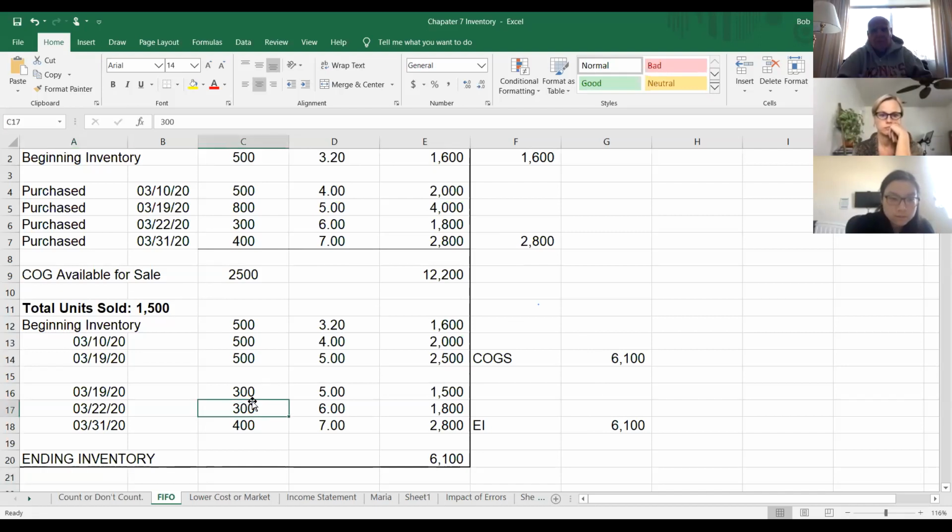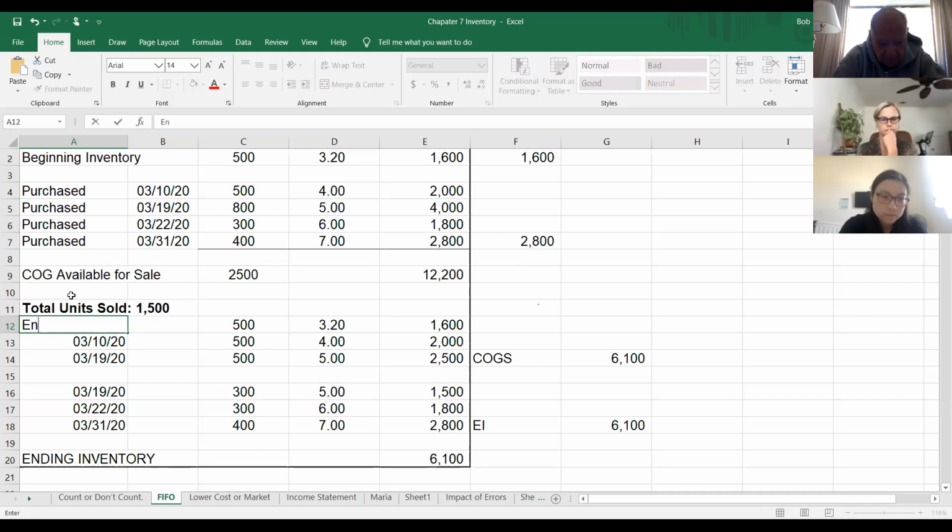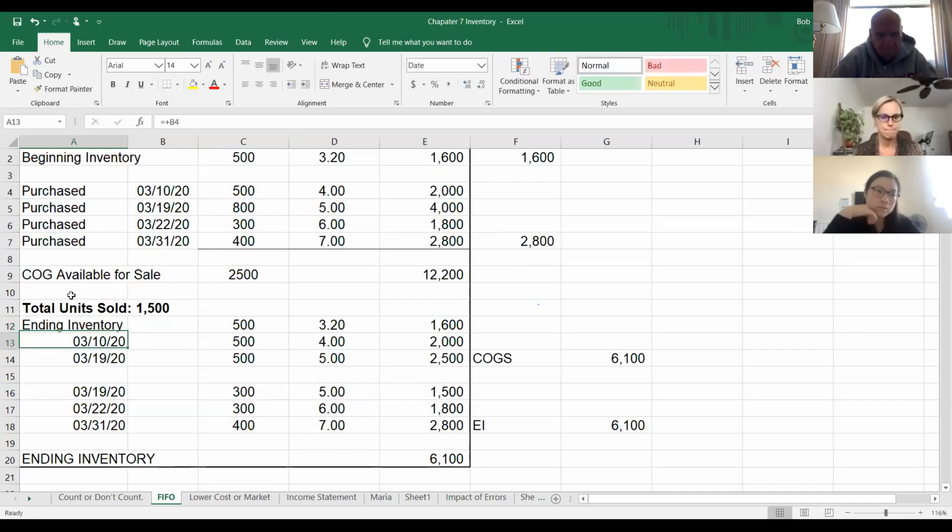Ah, good. I went too fast. At the end of the period, we had 1,500, and this should say ending inventory, I believe. Let's fix that. I'm telling you, in this example, we sold 1,500.